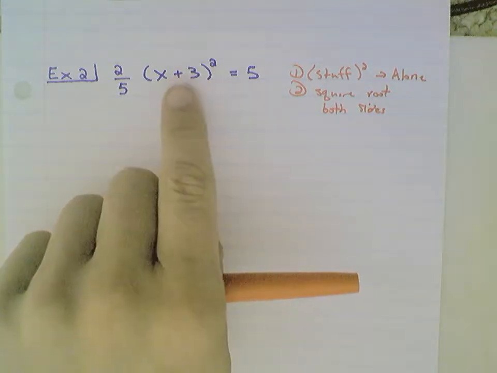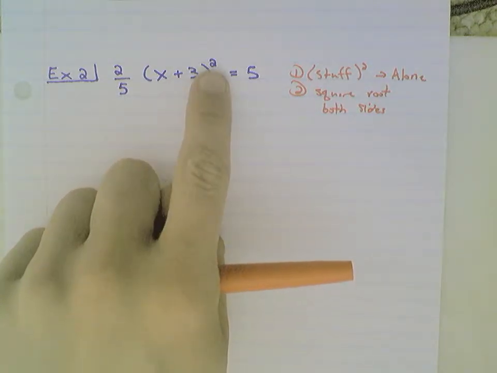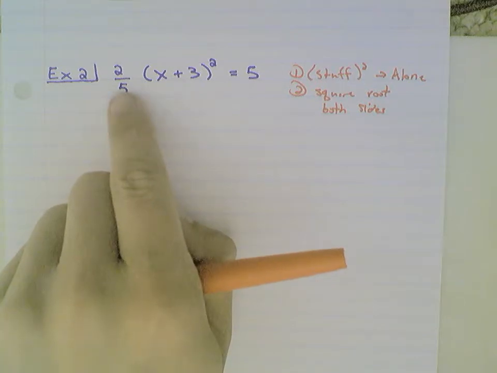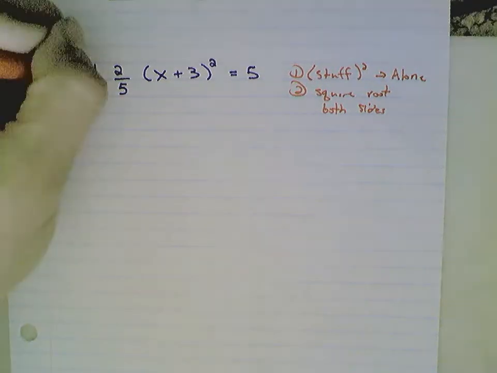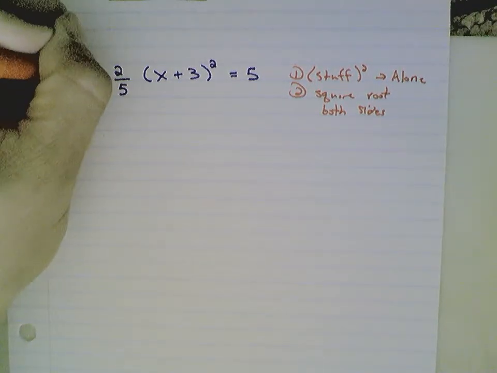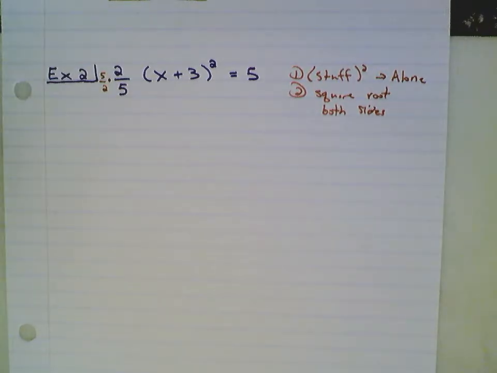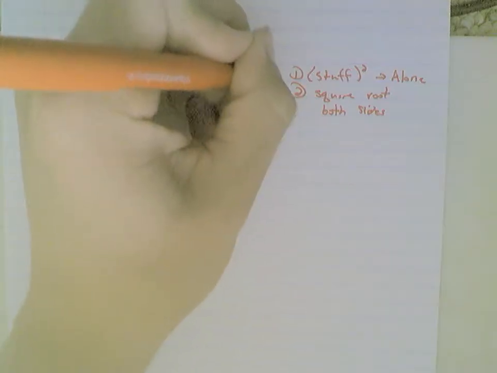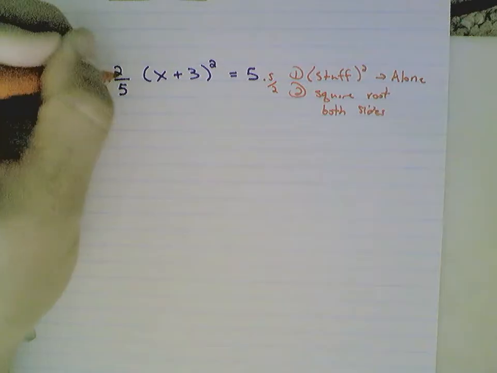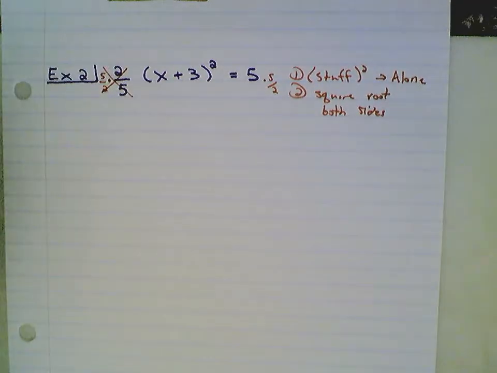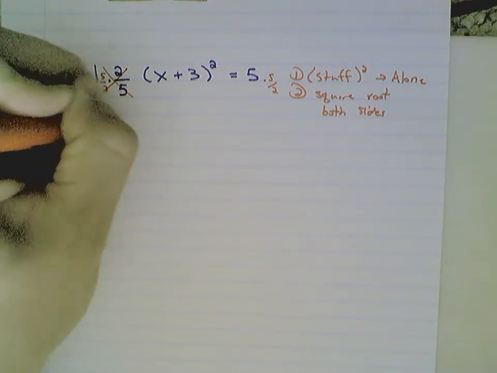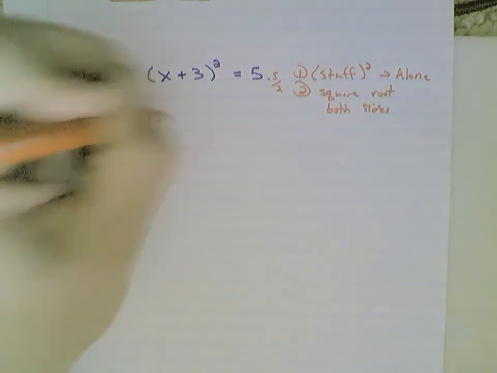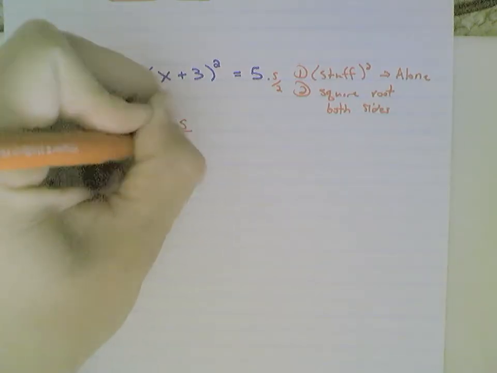I first want to get the x plus 3 squared by itself, so I need to get rid of the 2/5. I can get rid of the 2/5 by multiplying by its reciprocal, 5/2, and I want to do that to both sides. Well, this one will just cancel. I'll be left with x plus 3 squared equals 25 over 2.